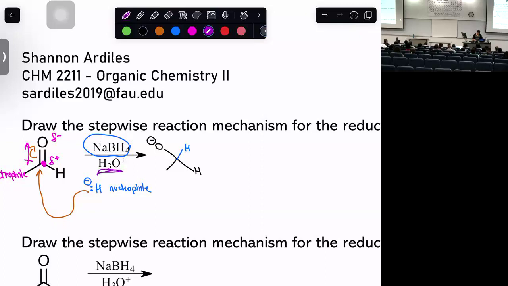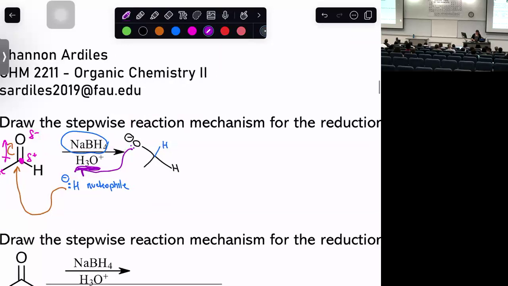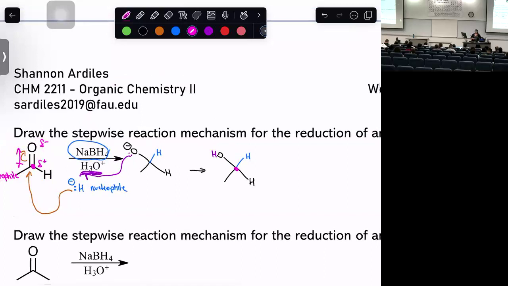So for that, whatever solvent you were given is gonna do an acid-base reaction, meaning that your oxygen is just gonna take one of those hydrogens. So we end up with this little guy.